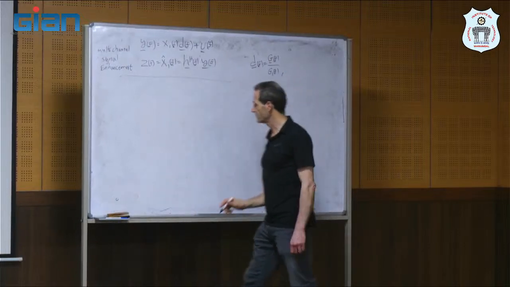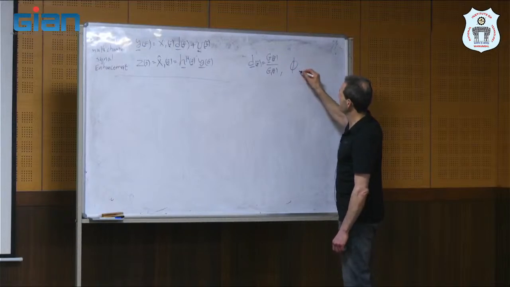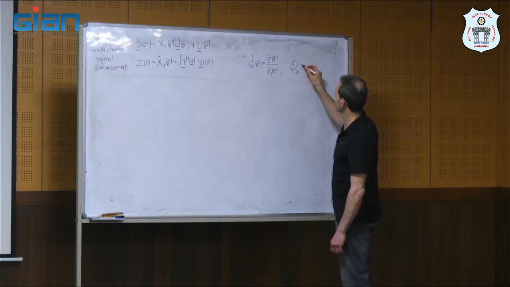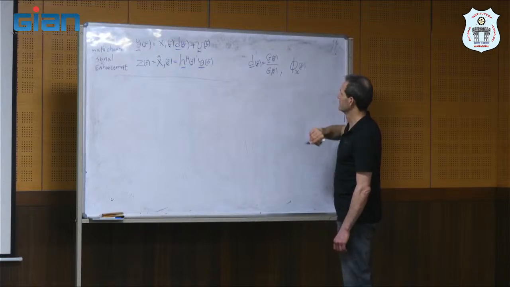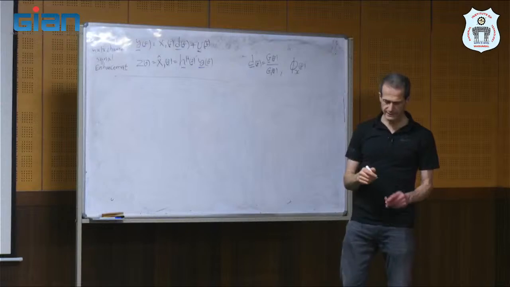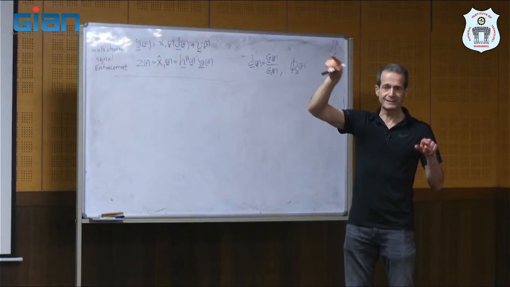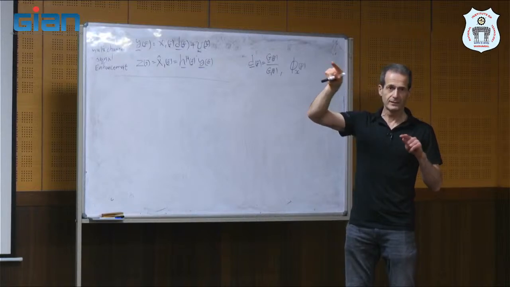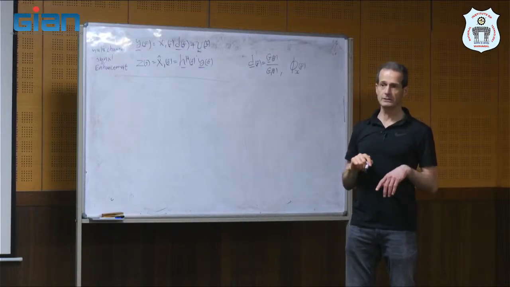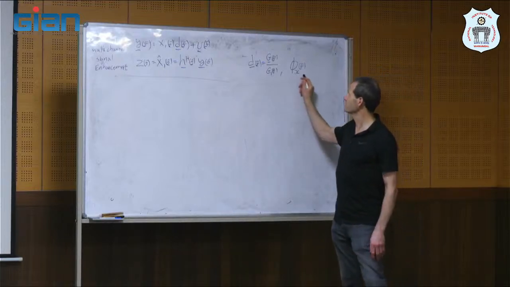So the correlation matrix in the frequency domain, we call it phi x. This matrix, m by m, means that we know the correlation between desired components from two sensors, any two sensors, for every frequency f. We know this correlation.